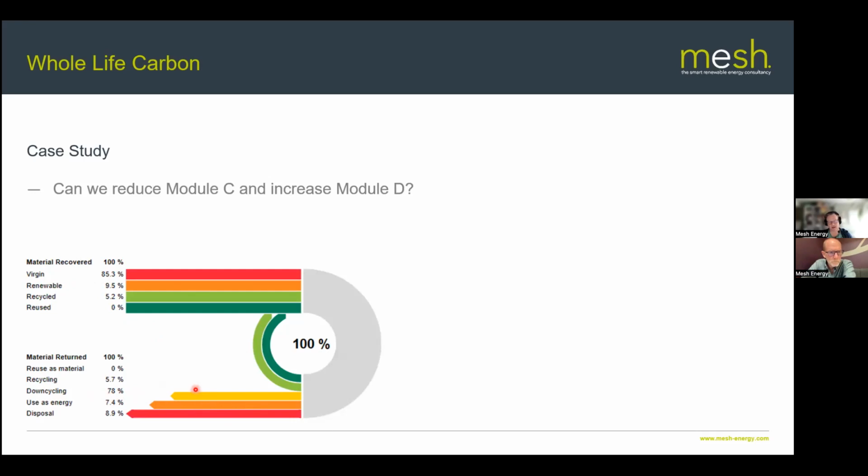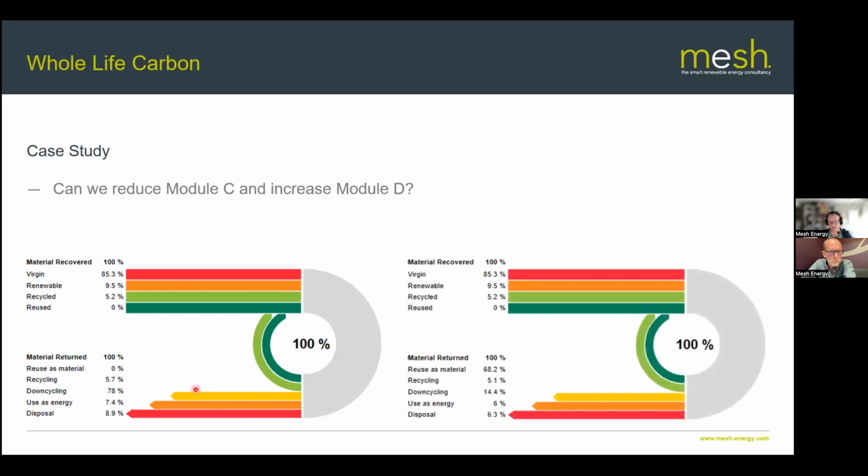So we started looking at the end of life of the materials and questioning what we could do with them. And when we're doing these calculations, it was a case of going through each material in turn and saying, right, we have timber sheathing. Are we just going to incinerate it, or can it be dismantled and reused again as timber sheathing?